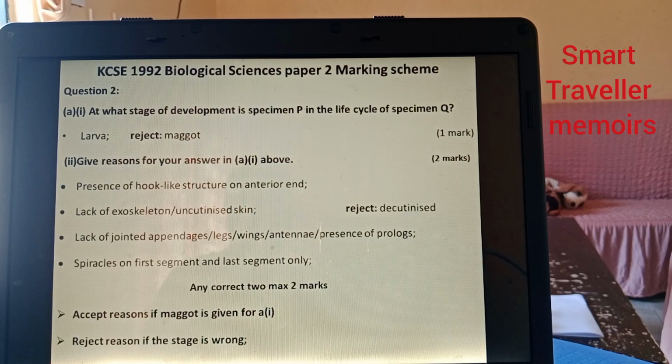They are as follows: presence of hook-like structure on anterior head, lack of exoskeleton or uncuticularized skin, reject decuticularized instead of uncuticularized, lack of jointed appendages or legs or wings or antennae, or presence of prolegs.